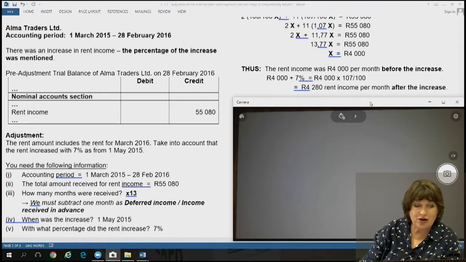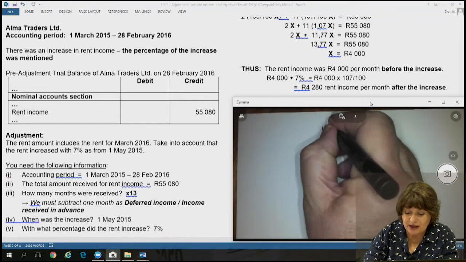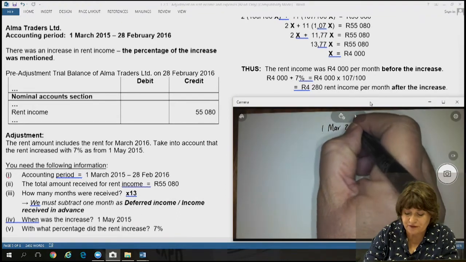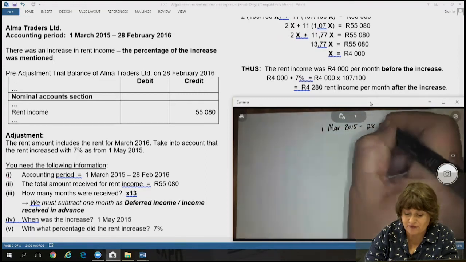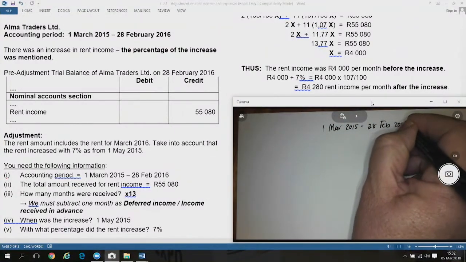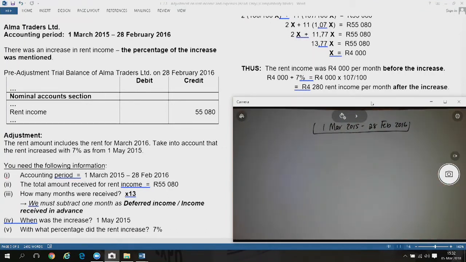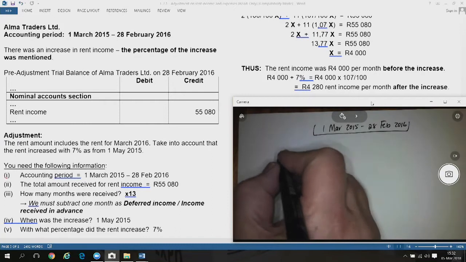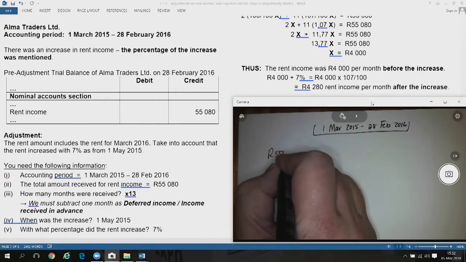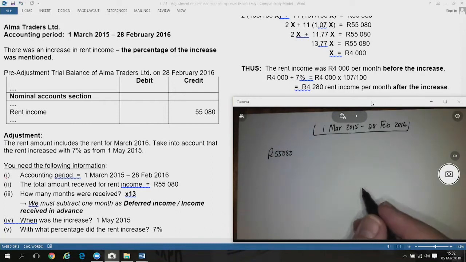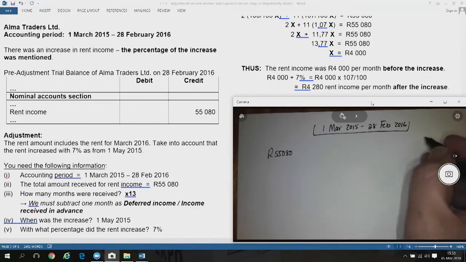We are back in Alma Traders, so we are back in the accounting period March 2015 until 28 February 2016. There was an increase in the rent amount, in the rent income. The percentage of the increase was mentioned. The rent income total was 55080. The rent includes the rent for March.